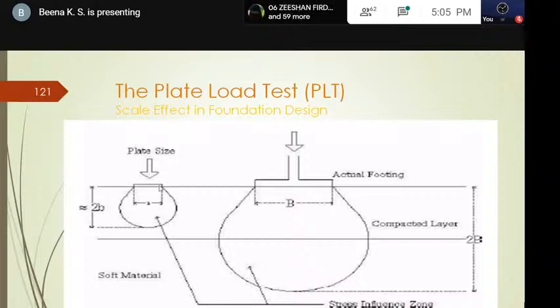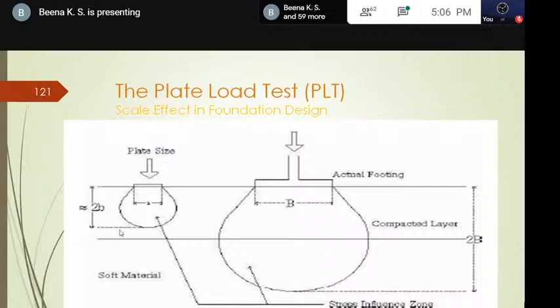When you put a plate and apply a load on it, normally, if B is the size of the plate, the stresses will be transmitted to a depth of about 2 times the width of the footing or width of the plate. So the soil withstanding this stress will be in this region only.